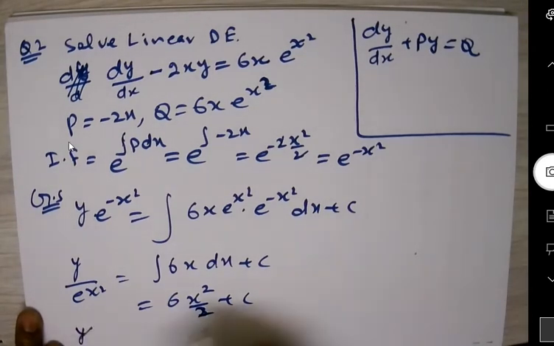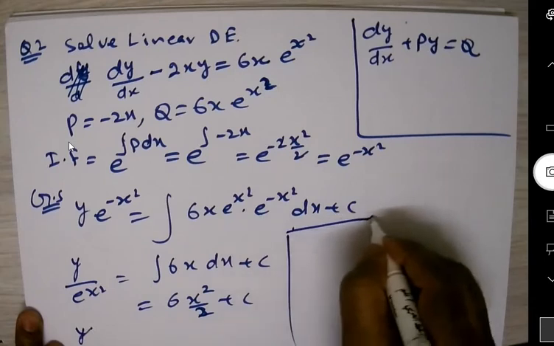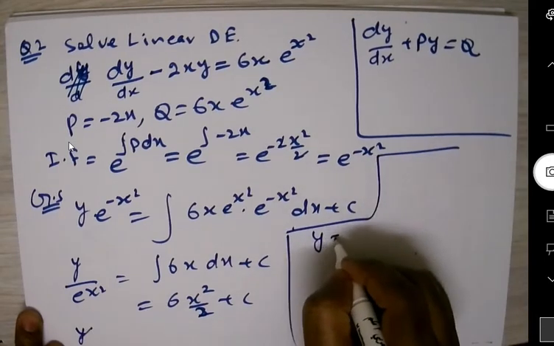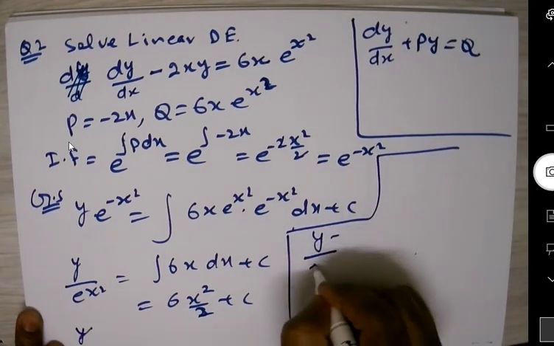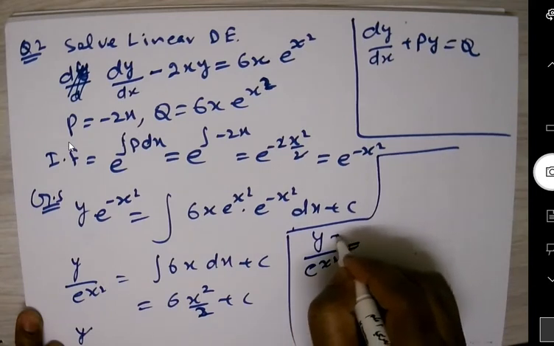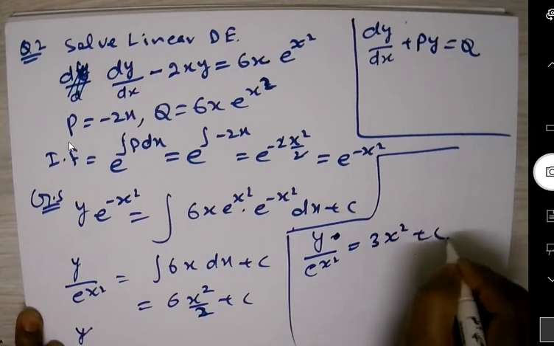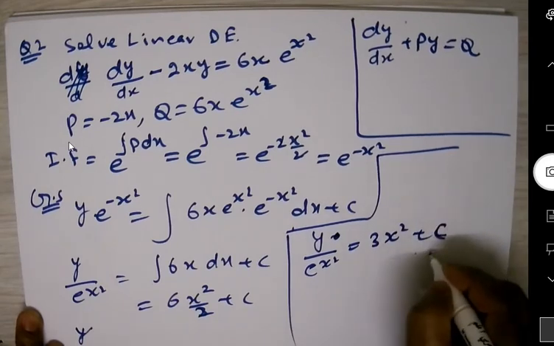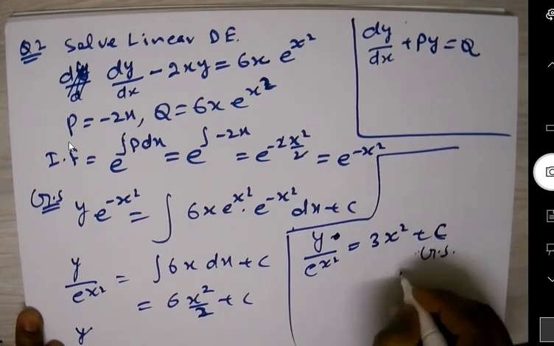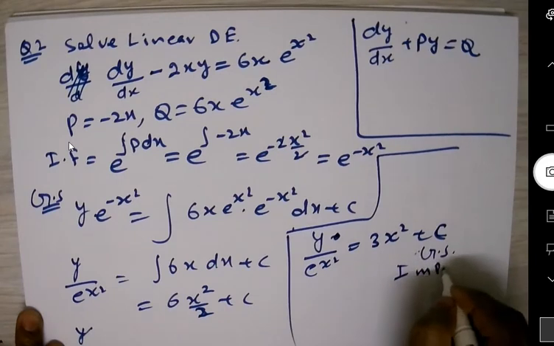y divided by e power x square equal to 3x square plus c. This is called the implicit solution. General solution you can say, or you can say implicit solution.